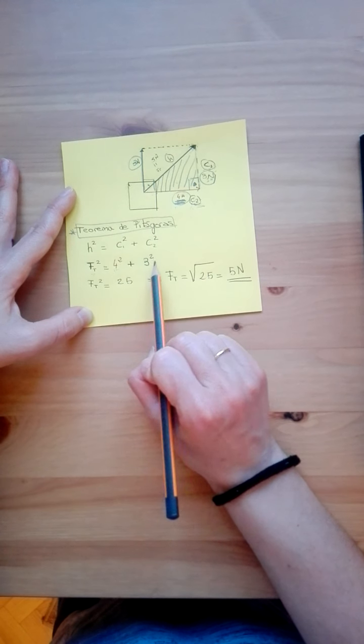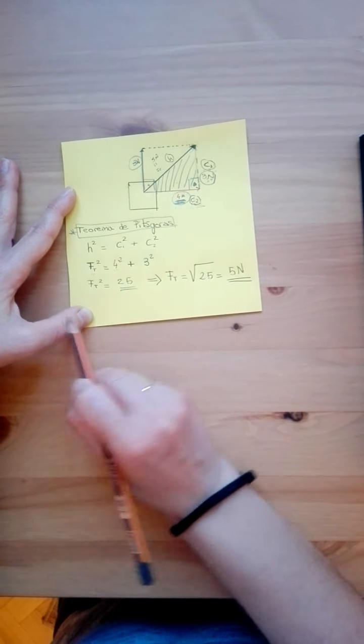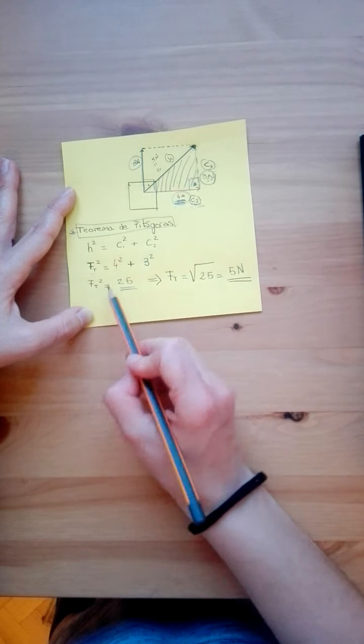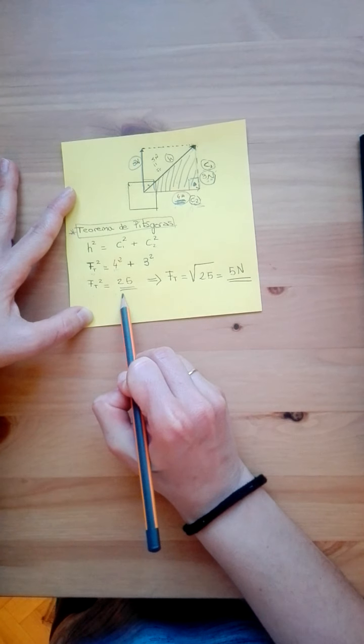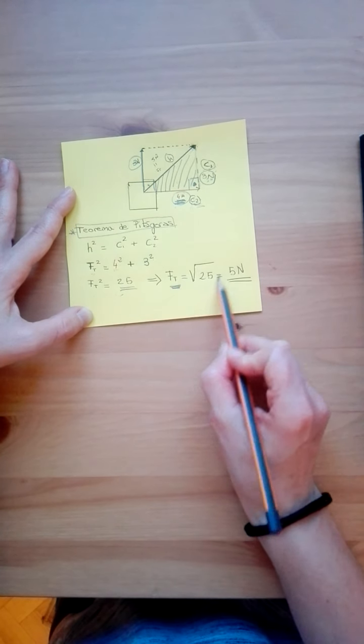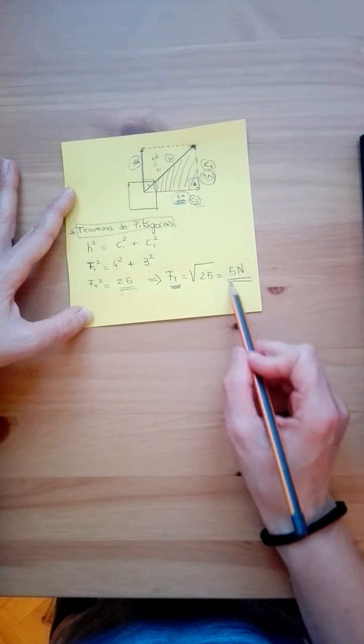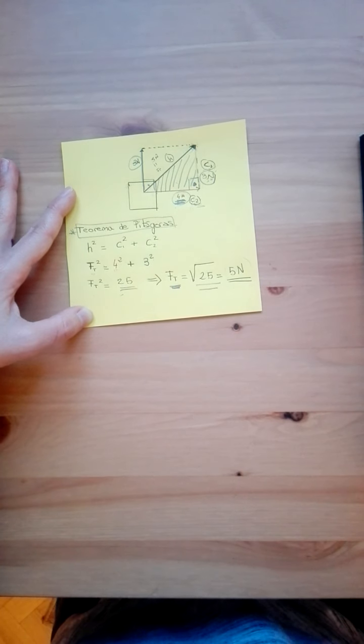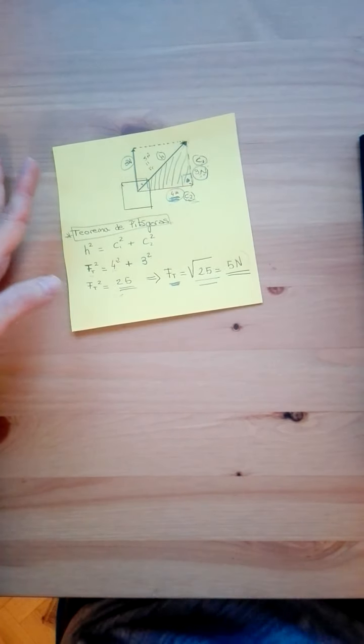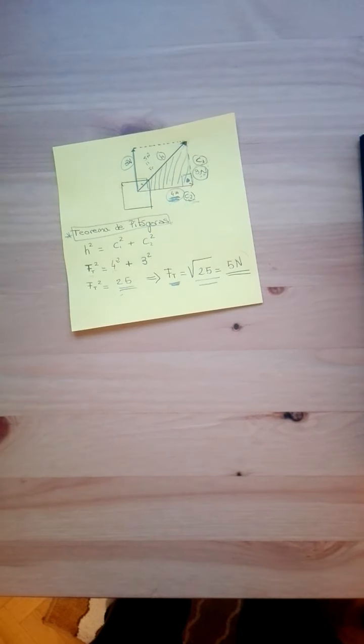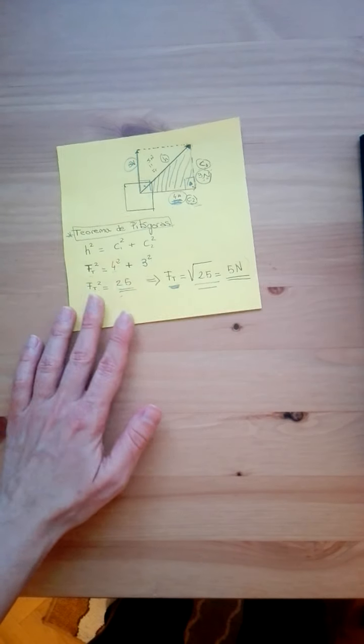So 16 plus 9, 25. The square of the resultant force is 25. That means that the resultant force is 5, okay? So only in the cases that we have perpendicular forces, using the Pythagoras theorem, you are going to be able to calculate the value of the resultant force.